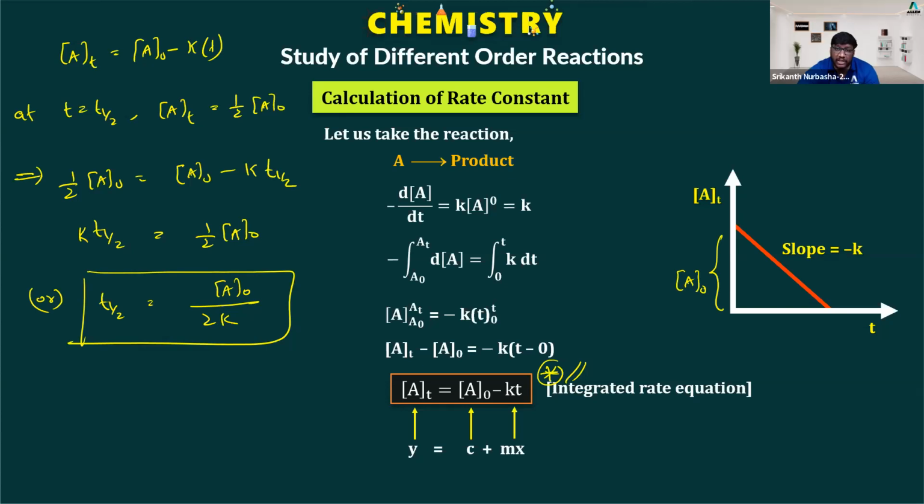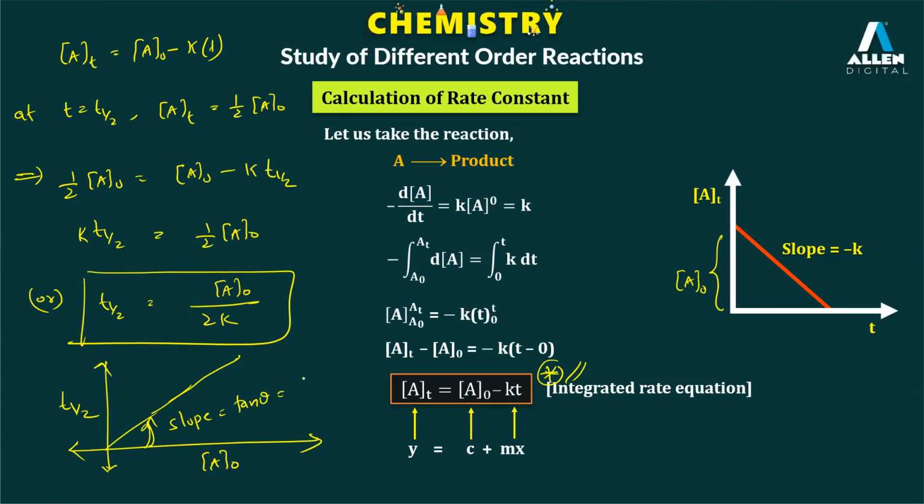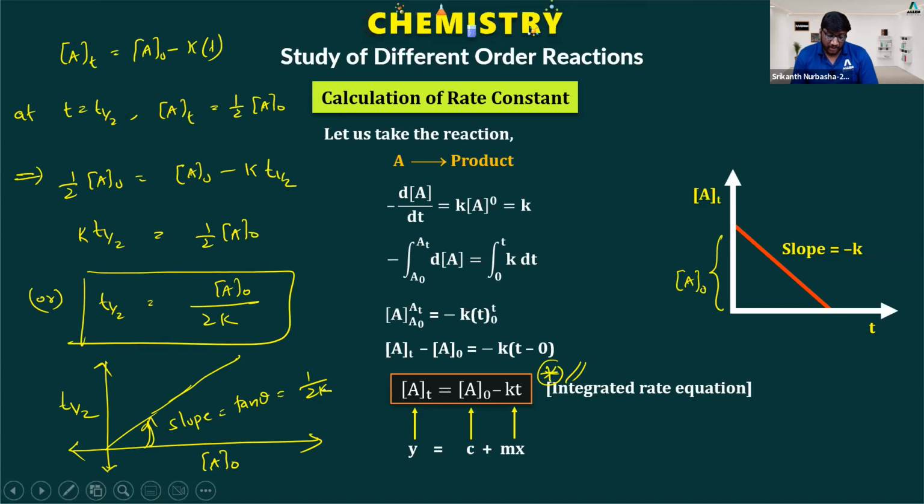If I take t half on the y-axis and concentration of A naught on the x-axis, I'll get a straight line passing through the origin. And what is the slope of this line? Slope is equal to tan theta, that is 1 by 2K. Yes or no?